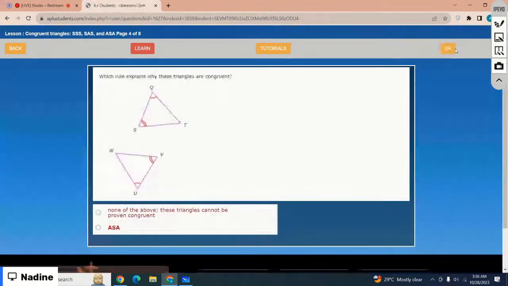Okay. Which rule explains why these triangles are congruent? Which is the correct option?